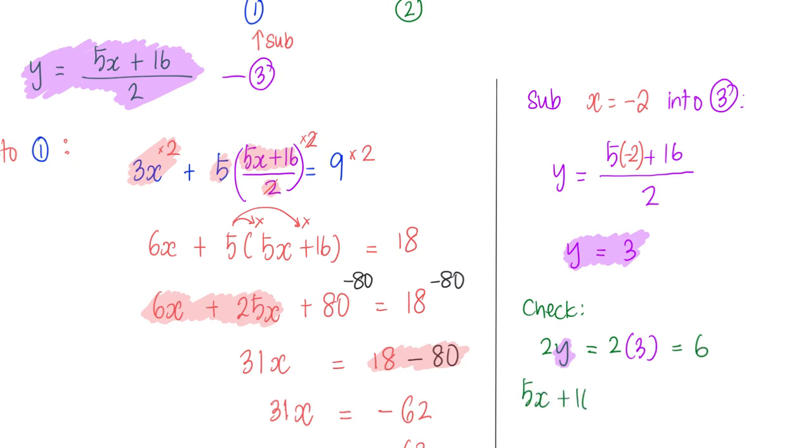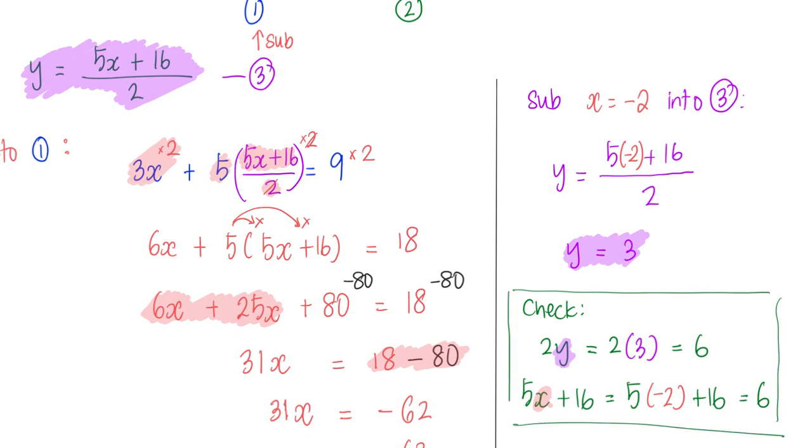Now 5x plus 16, what is my x? x is negative 2, so 5 times negative 2 plus 16. And what does this give me? 6 as well. And therefore, I have successfully made sure that my answers are correct.